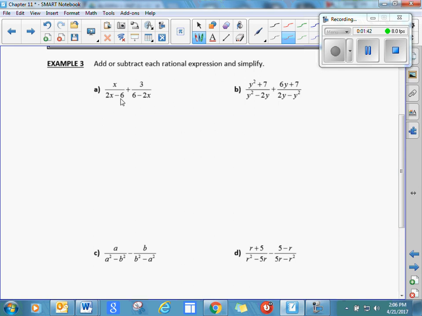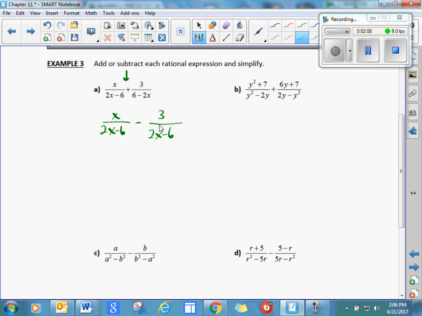First of all, we notice that the denominators are opposites. You have to look closely and make sure they're opposites, and all of these are. So you rewrite the first fraction just like it is, change the sign in the middle, and then write the second fraction with the same numerator, but the denominator will be the same as the first one.